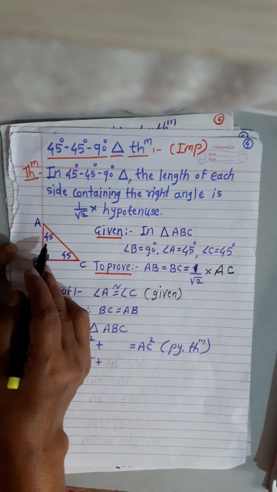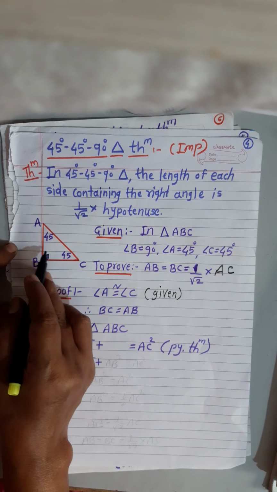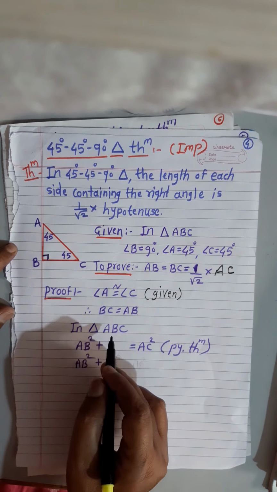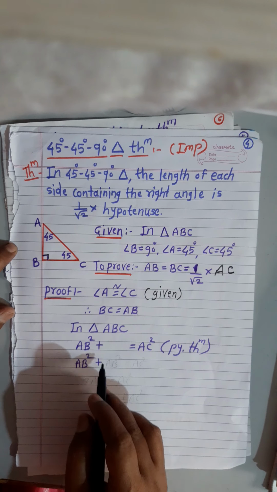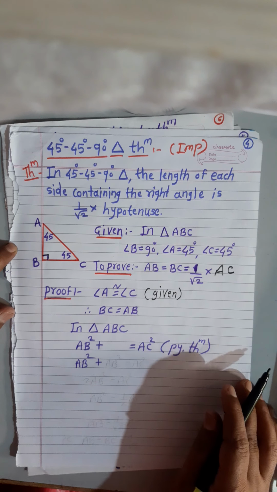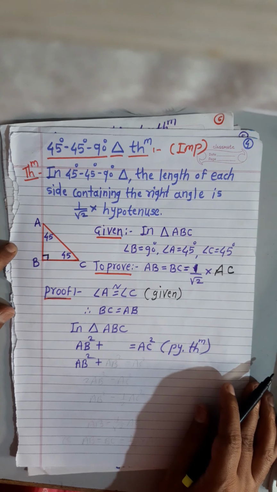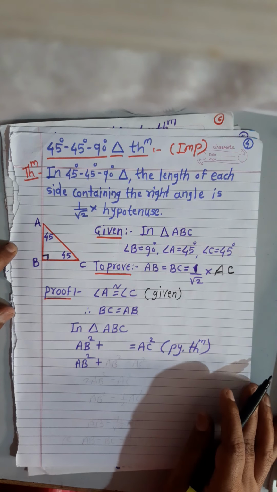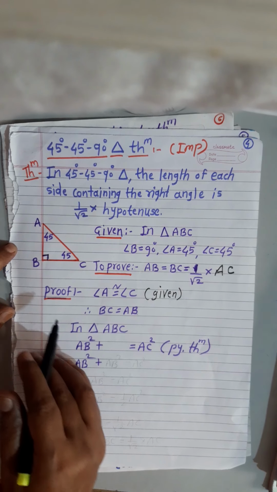And if two angles are congruent, the sides opposite to them are also congruent. It is the converse of the isosceles triangle theorem. Or you may use the right angle here.